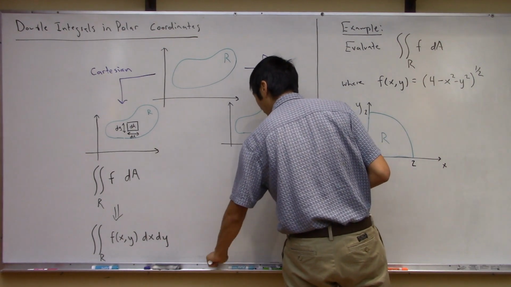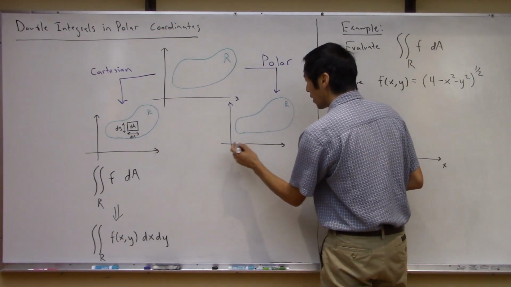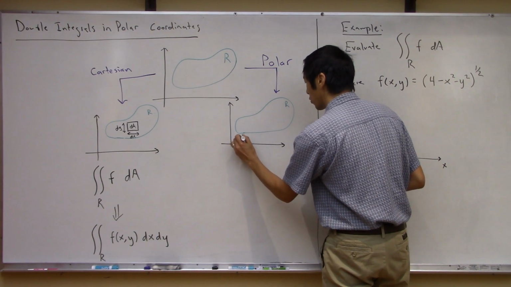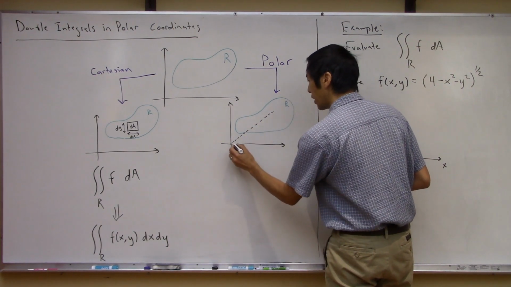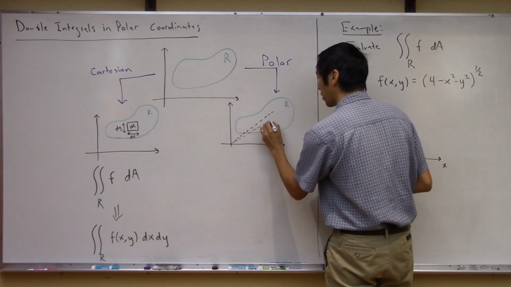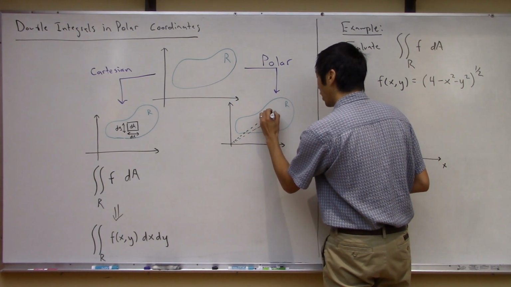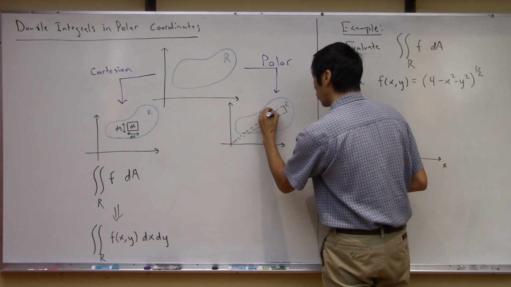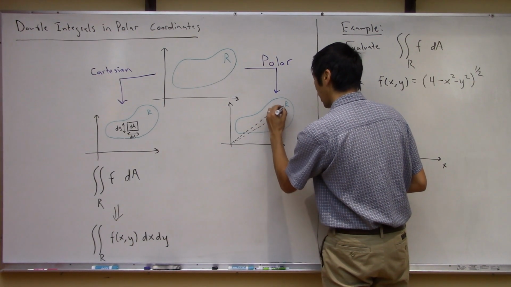What I mean by that is, instead, let's consider radial distances from the origin, maybe something like this. I'll draw it like this, and maybe I'll draw two of them like this. So what we've got now is a little region in space which looks something like this.